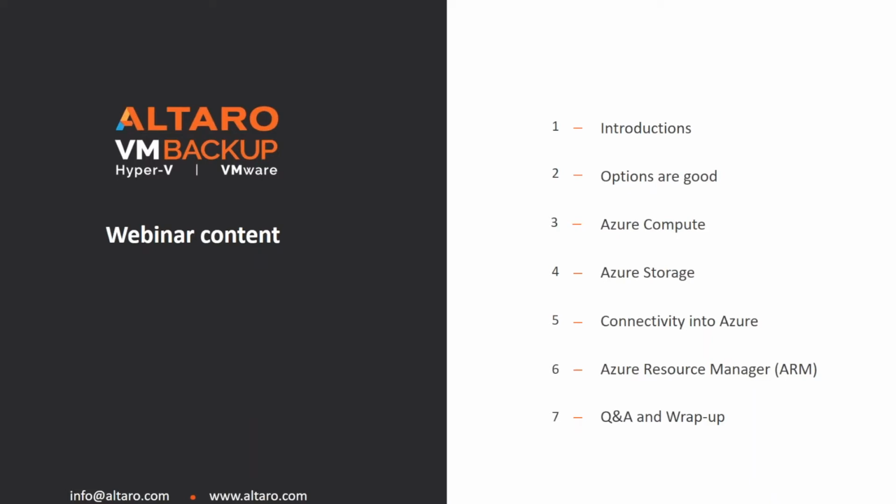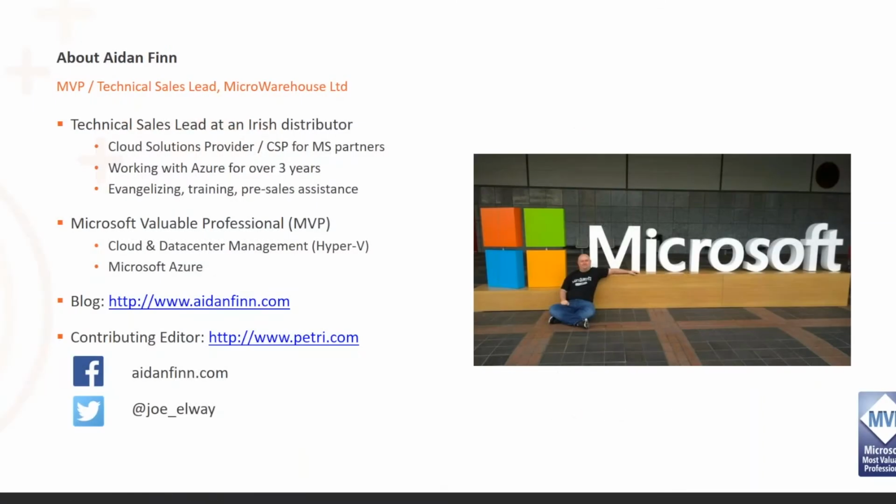So with that, I'm going to hand it over to Aidan so he can introduce himself. Thanks, Andy. So I'm an MVP and technical sales lead with a company called Micro Warehouse in Dublin. We're a wholesaler or distributor of Microsoft and other technologies. Where that comes into play with Azure is that we're a CSP distributor. That means we sell Microsoft cloud services to Microsoft partners who then sell them on to business customers.